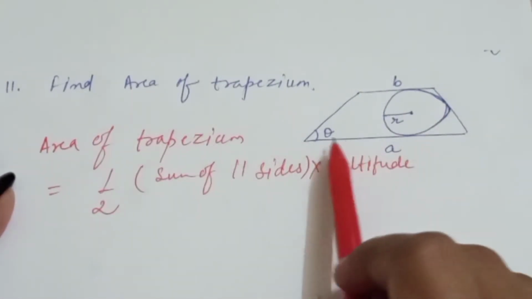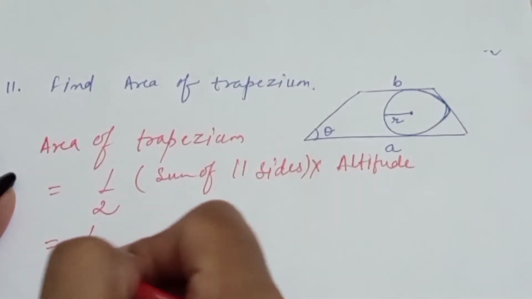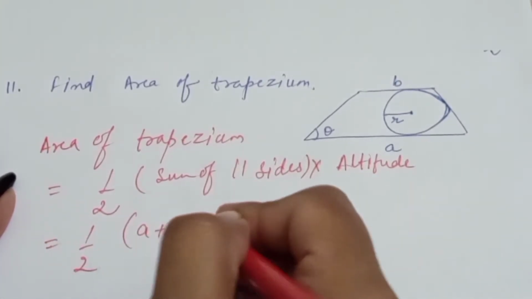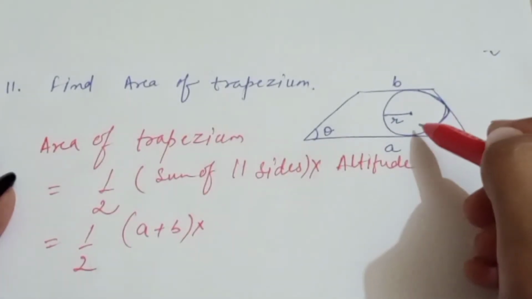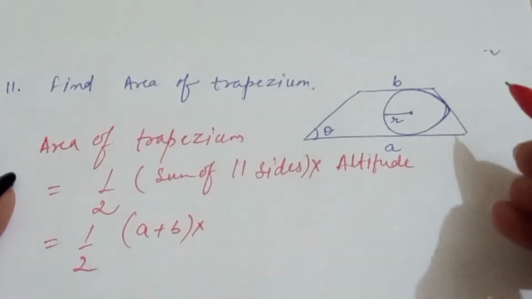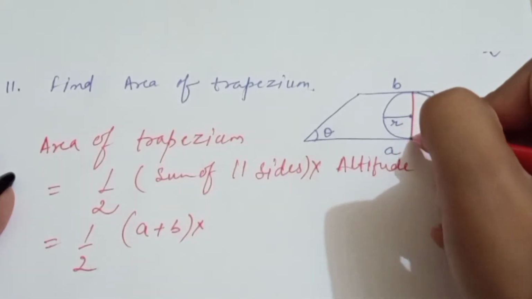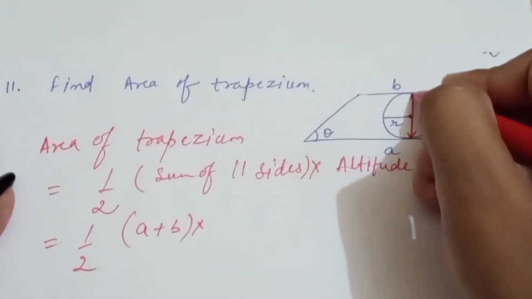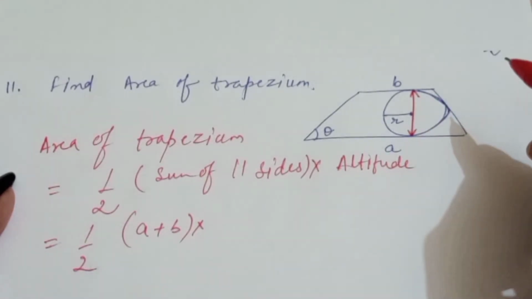Now we know that parallel sides are A and B. Half A plus B multiply altitude. We have to find altitude here. So altitude means we have to find the perpendicular distance between these two parallel sides.